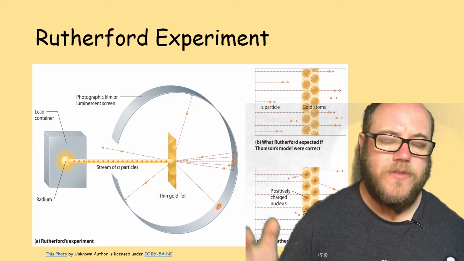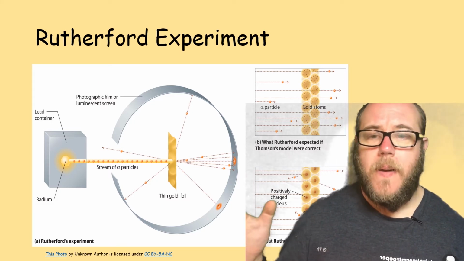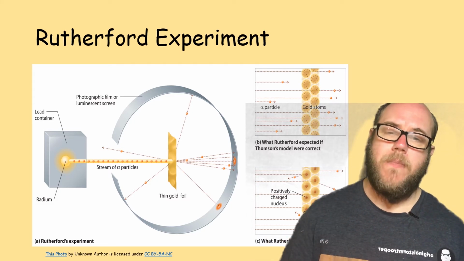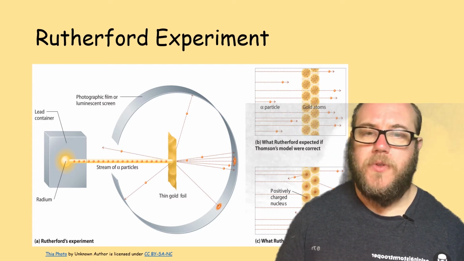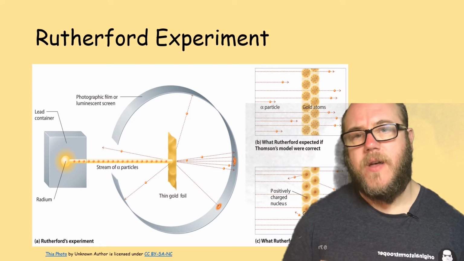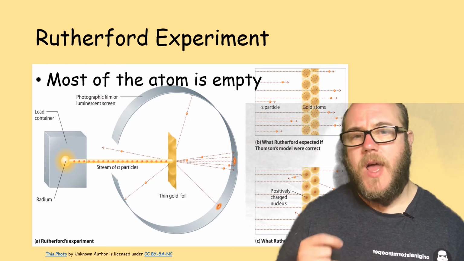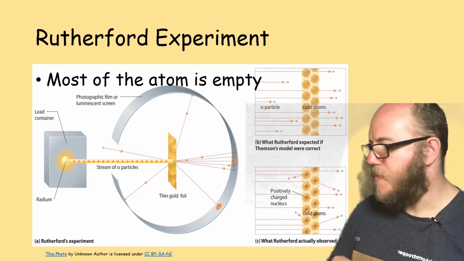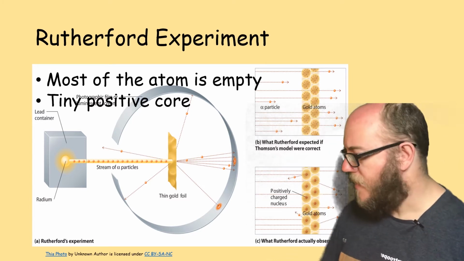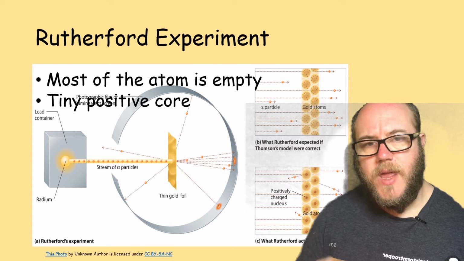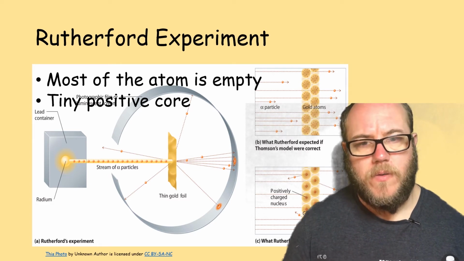You had the electrons floating around on the outside, but most of the mass, the main part of the atom, was mostly in the center, a very, very small part. And we'll look at how small in a moment. So they decided most of the atom is empty, but the center is a tiny positive core.